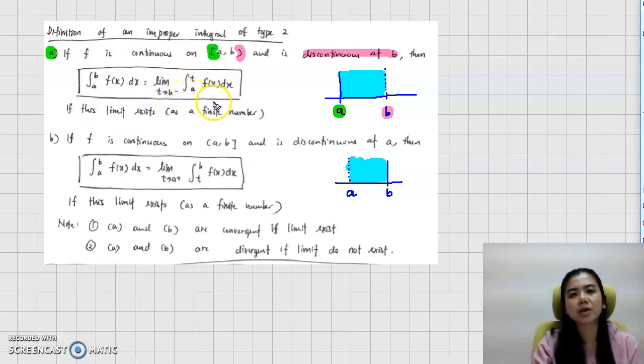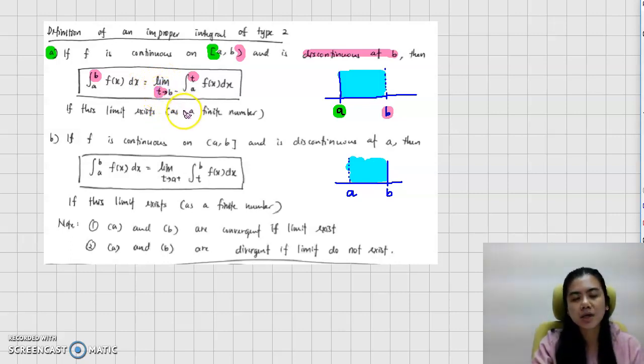What you have to do is substitute the one that gives you a problem with t. In this case, b is discontinuous, so we have to change the b here. You substitute b with t, and we use the same concept: we put the limit in front of it, so t approaches b.